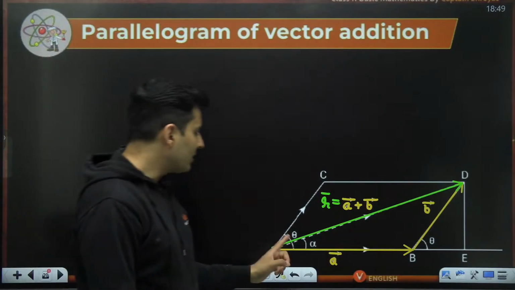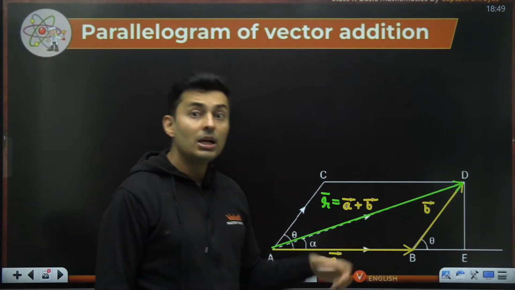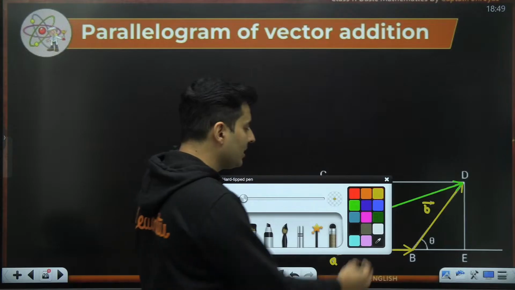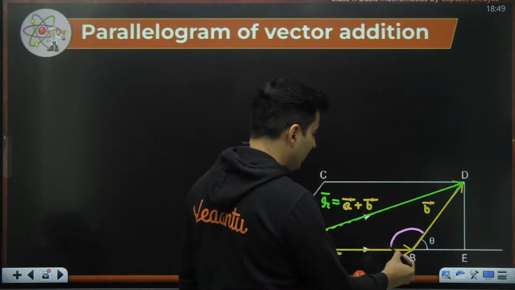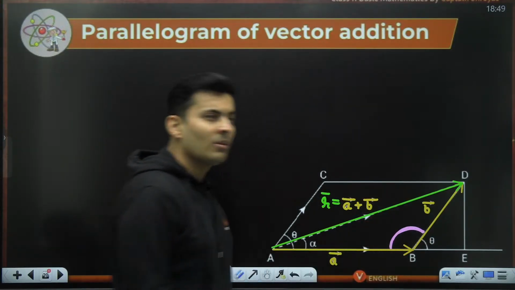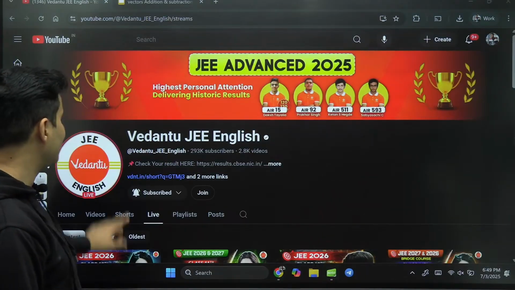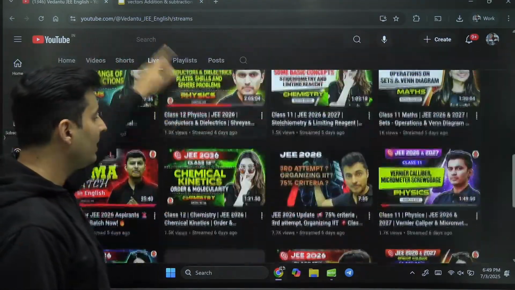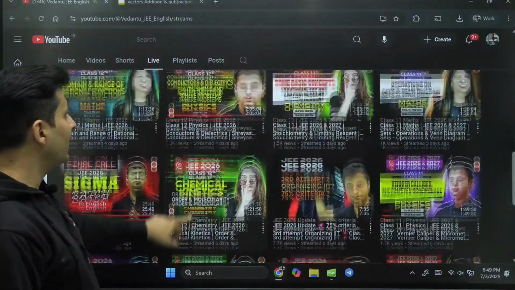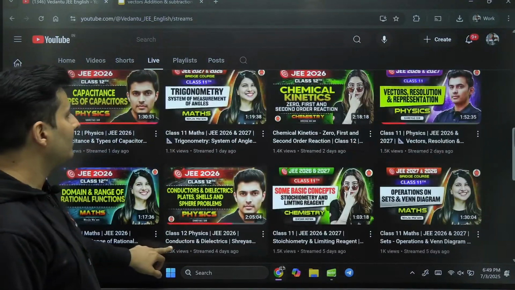Now tell me, if I ask you what is the angle between A and B, a lot of students might immediately jump and tell, sir, the angle between A and B vector is this. But do you remember, in the previous lecture, I told you how to exactly find the angle between two vectors. If you remember it, you will not make that mistake.